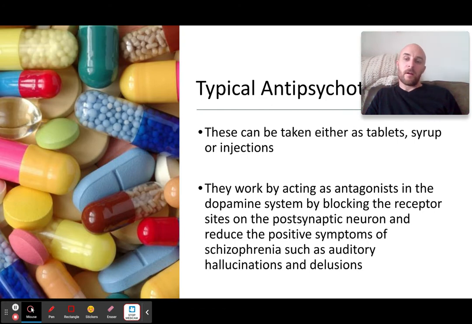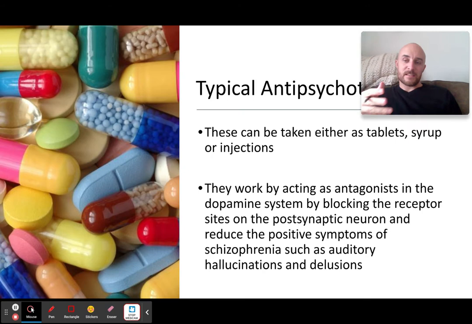Now, how they worked is they acted as what's called an antagonist. So what they did is the drug molecules would come in and they would sit in the dopamine receptor, essentially blocking it from any dopamine entering it. If the dopamine isn't entering, the receptor is useless, and therefore you're not getting that.